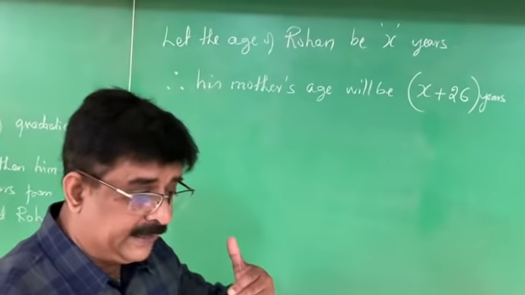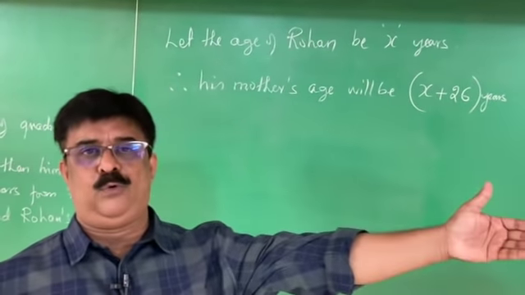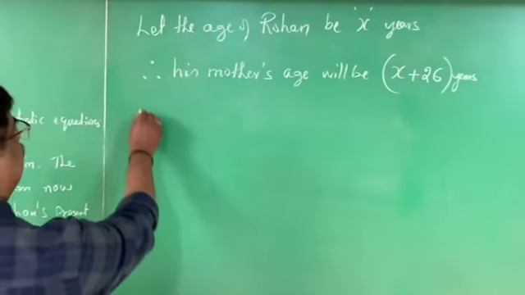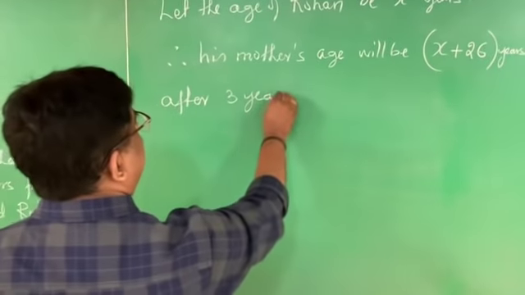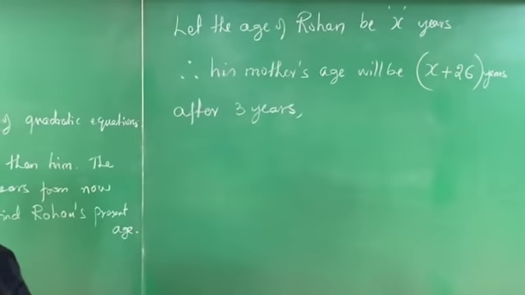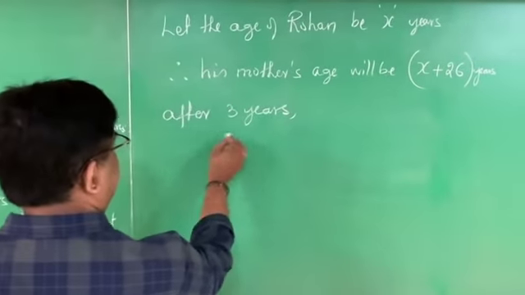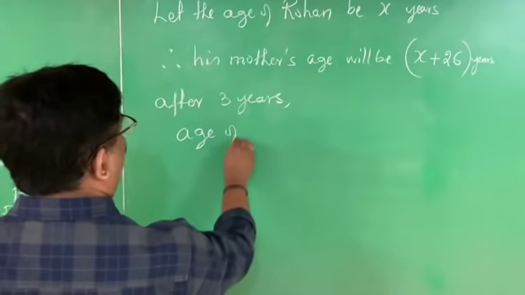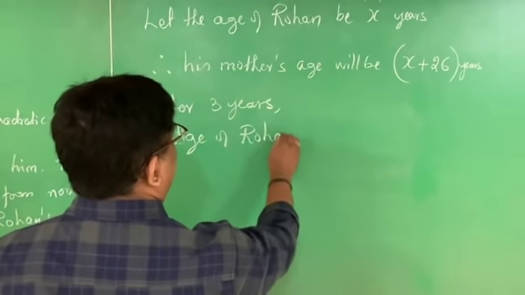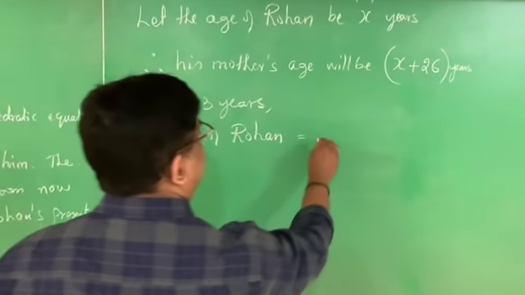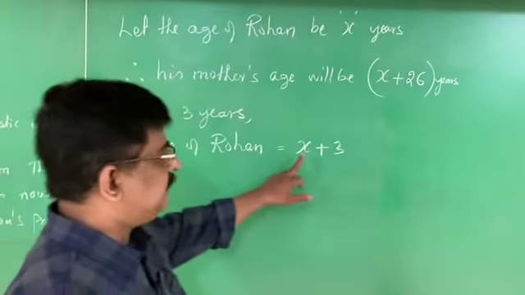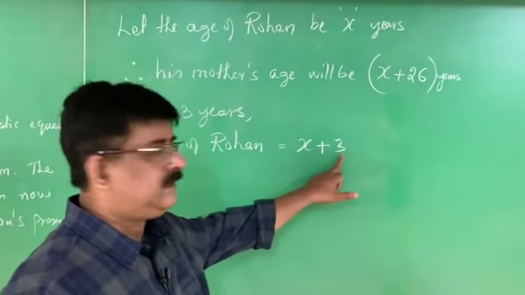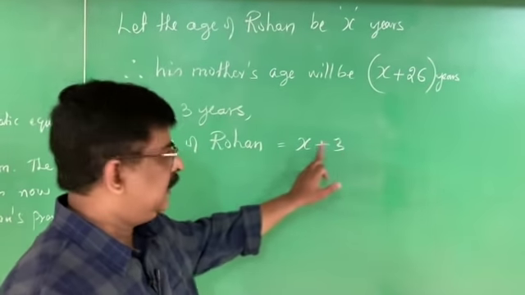Now what you have to do is, after 3 years from now, what happens? After 3 years, the age of Rohan is equal to x plus 3. Now the age is x years, and after 3 years, 3 is added to his age: x plus 3.